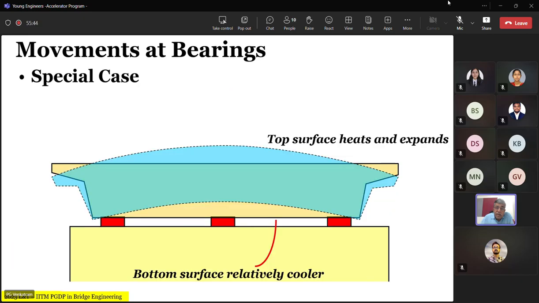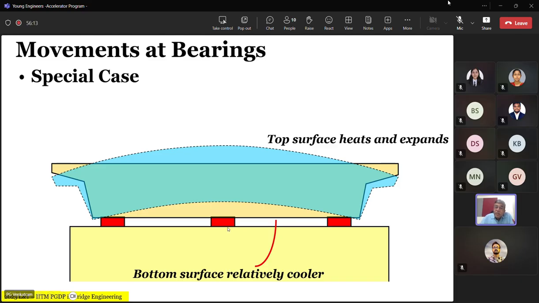In this case, when the deck becomes hotter, it will tend to hog this way, in which case you will have an unseating from the bearing, and therefore every likelihood that this bearing is practically ineffective and most of the loads will be on this side. And it will be vice versa. In the case of a temperature fall, most of the load will come to this bearing and this will get uplifted because then it will sag the other way around.